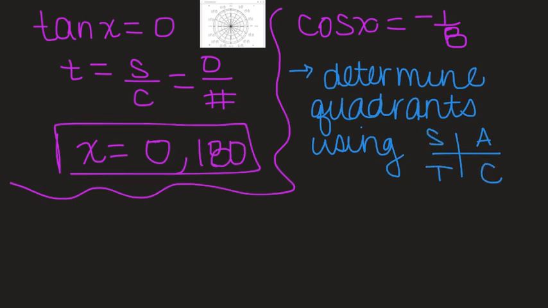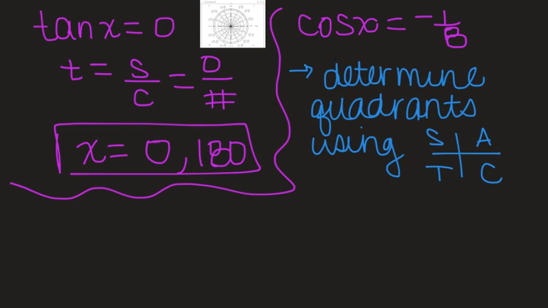This little notation here, ASTC, is telling us that all trig functions are positive here, sine functions are positive here, tangent is positive here, and cosine is positive here. So since we're looking for a negative cosine value, we're going to look for the times when cosine is not positive. Since cosine is positive in quadrants 1 and 4, our solution is going to be in quadrants 2 and 3.